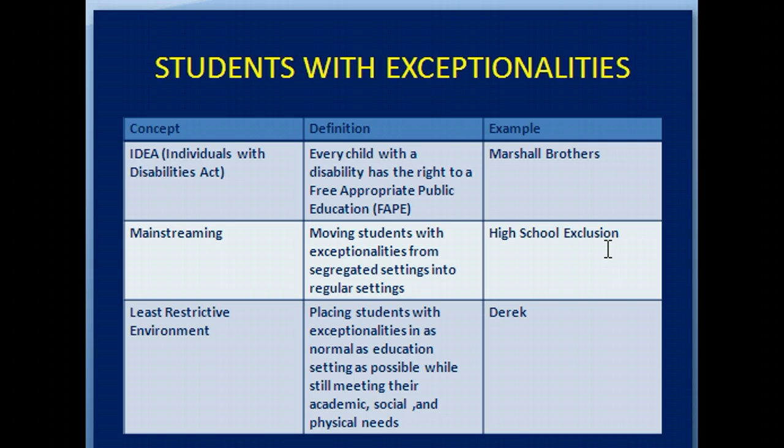So when we take a look at mainstreaming, we're looking at the individual needs of the student and doing our best to see if we can include them as much as possible in programs, activities, and events that are consistent with their needs, and to work to avoid placing students in segregated settings.